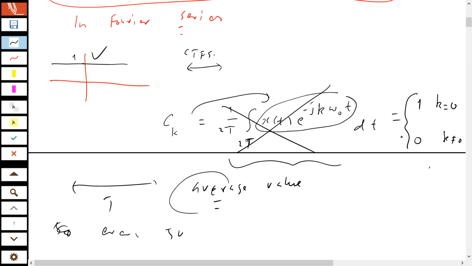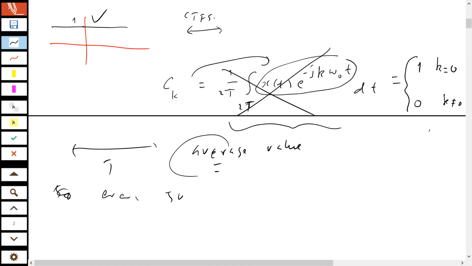What is this function? You know the name for this function already. Delta. It is the discrete time delta, which we call the canonical delta. So we just write it as delta.